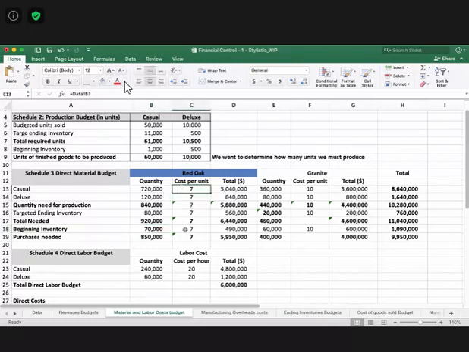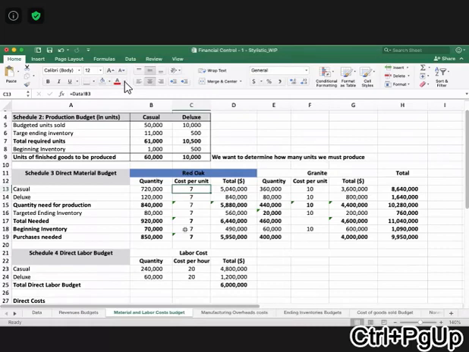So here it's not a problem because everything is $7, okay? But if, for example, the beginning inventory is $7 and later we buy at $8, it means that the Red Oak that will stay in our ending inventory will be made of Red Oak that we bought at 8, because the 7 has been already used.